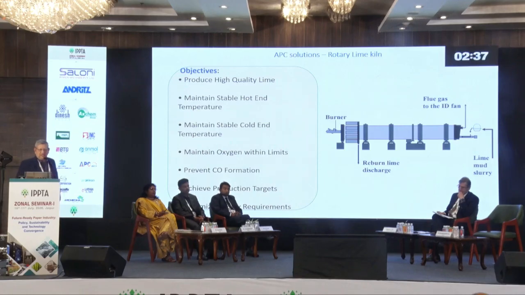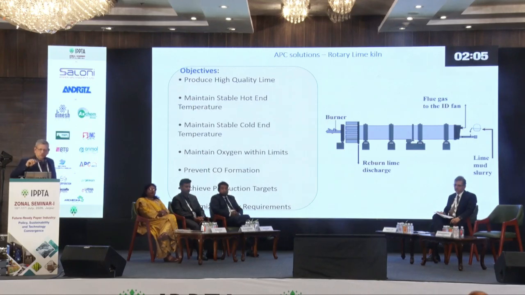Coming to the lime kiln, you have to produce a high quality lime based on the garbage you put in. How you are utilizing the calcium carbonate that is coming and converting it effectively decides how the lime kiln is done, and of course how the burnt lime is then fed to the slaker and then causticizing.